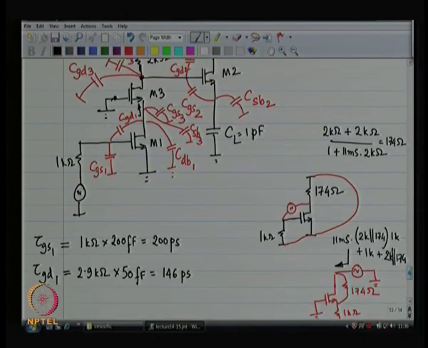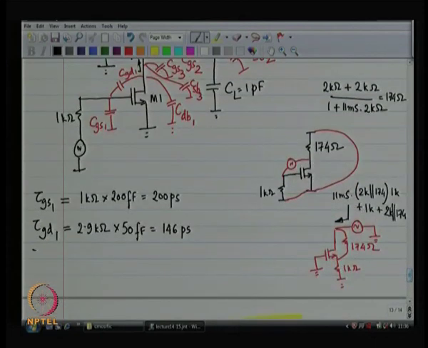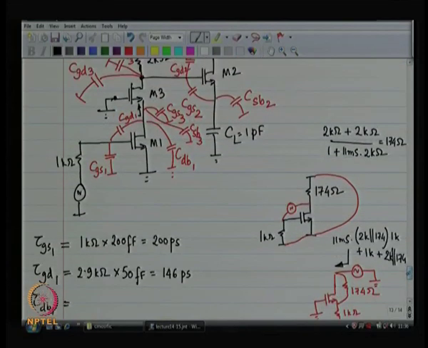Now the next one is CDB1. So CDB1, what do you see? You see 174 ohms looking upwards, you see 2 kilo ohms looking downwards.